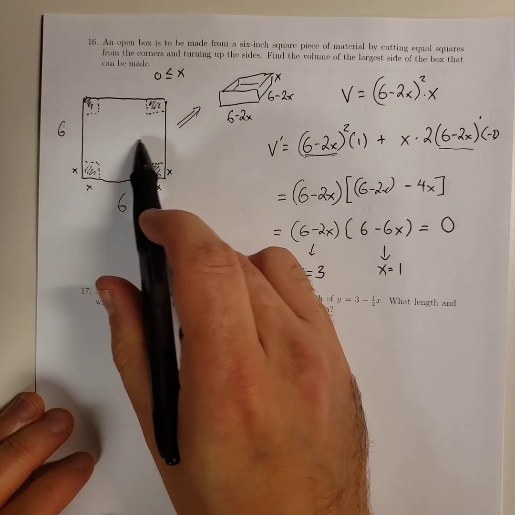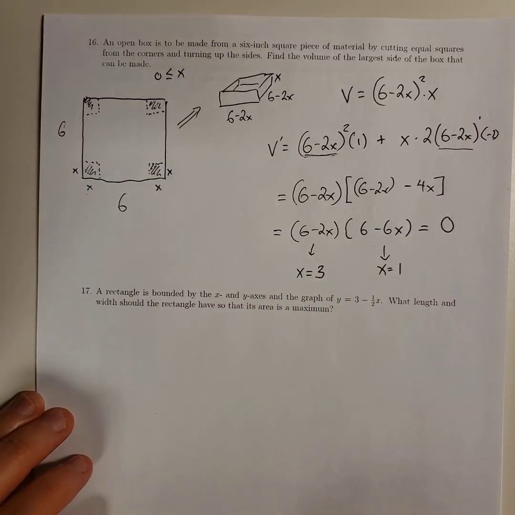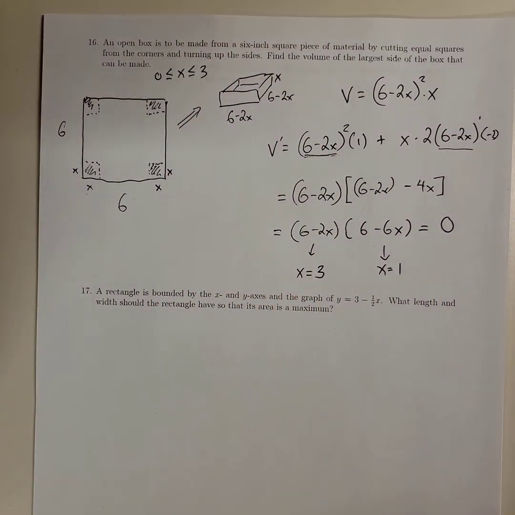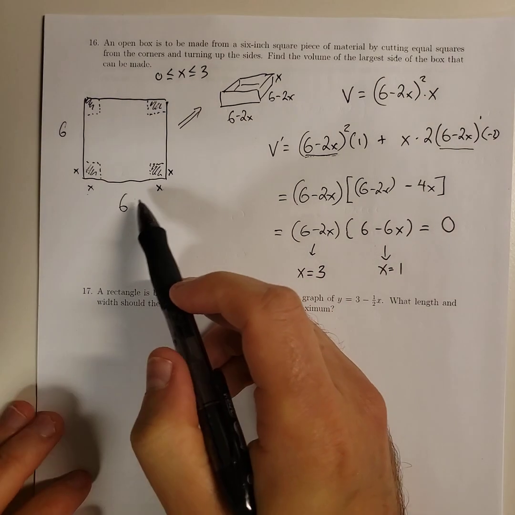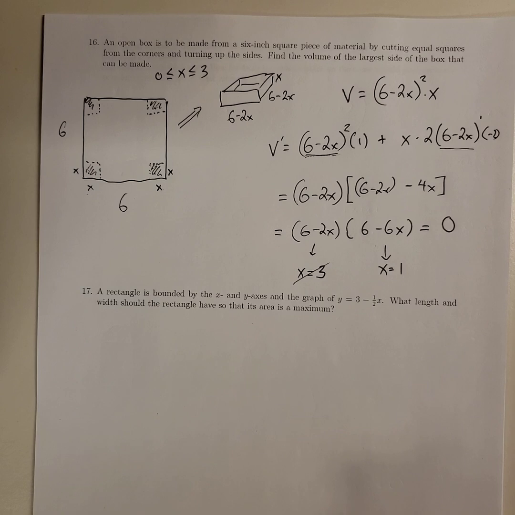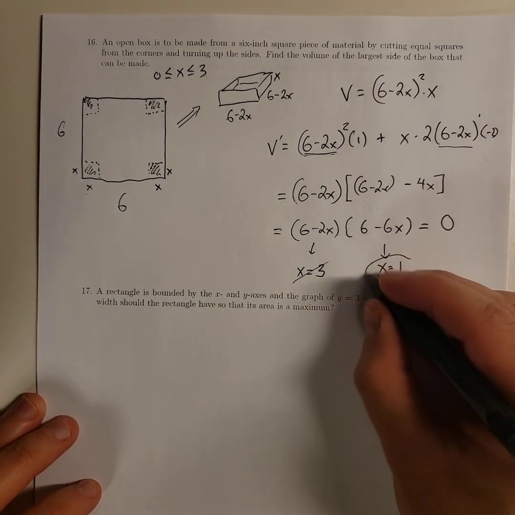So imagine cutting up to 3 here. You would cut out so much of a corner that all 4 corners would cut out the entire box. So there'd be nothing left if you went past 3. So x has to be between 0 and 3. And in particular, if x is 3, then nothing's left. So 3 is kind of gone here. So 1 is going to be our answer.